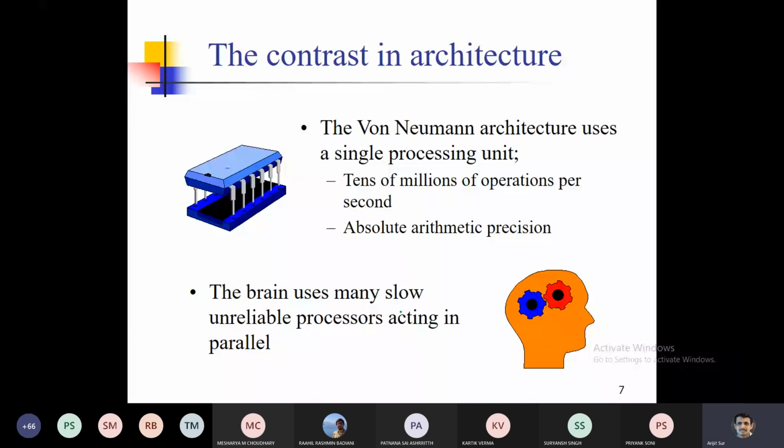From the processor point of view, the machine's processors are much more precise and robust, but they are not that many in number. The brain uses a lot of slow, unreliable processors, like neurons, but they are huge in numbers and act in parallel.